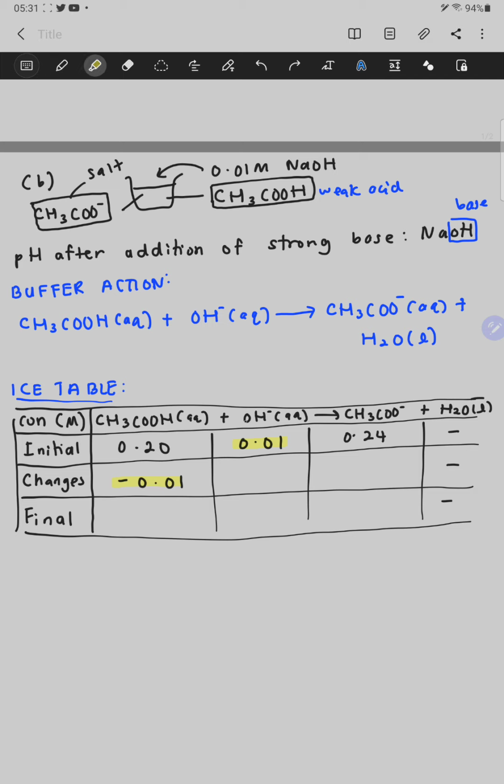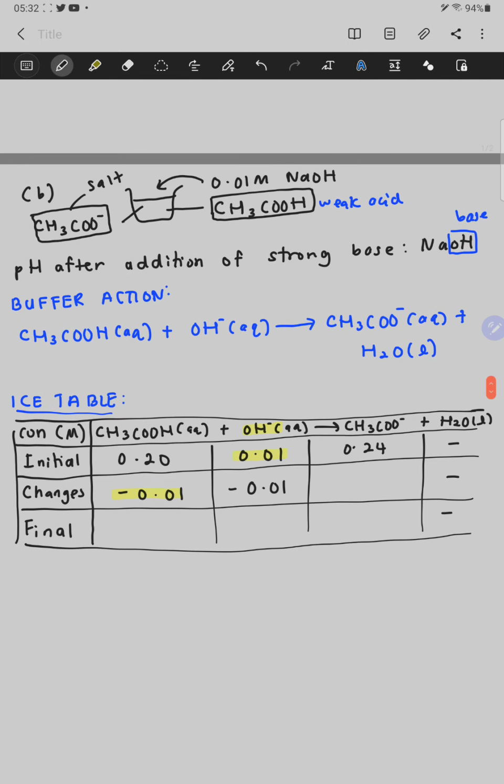The OH- will also minus 0.01. It will fully neutralize, so none is left. So the conjugate base will increase by 0.01 as well. Everything depends on the concentration of OH-. After you subtract, you get 0.19. This one is 0, fully neutralized, we don't want OH-. And the concentration of conjugate base will be 0.25 at final state.